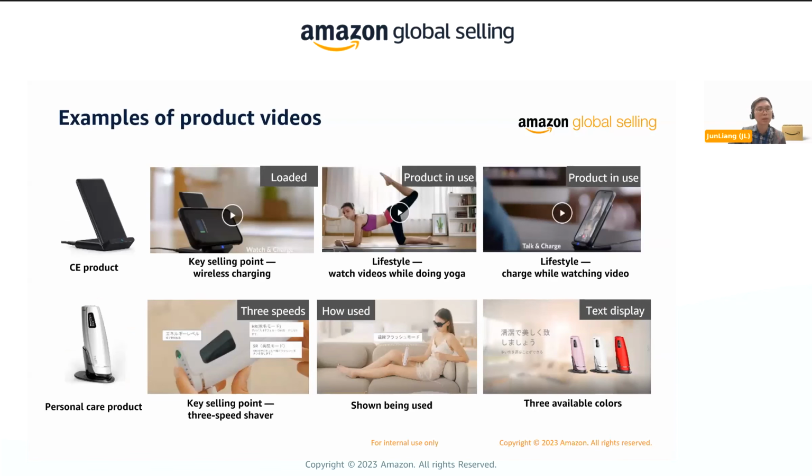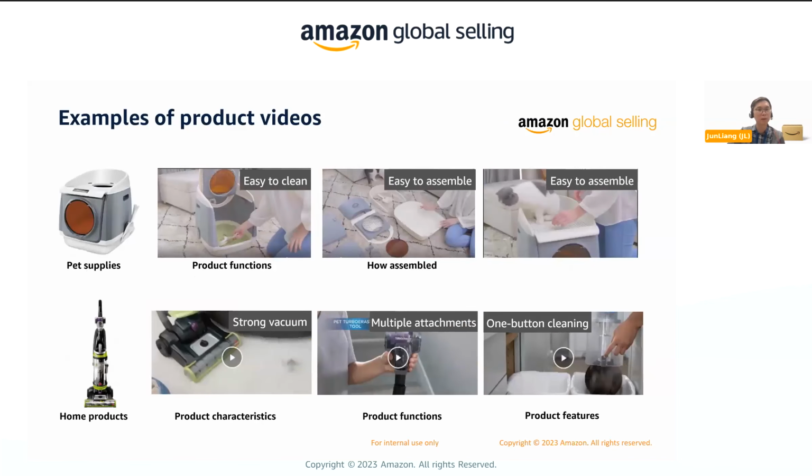For consumer electronics, there will be things like showing the lifestyle, how the product is used on a day-to-day basis, what the key selling point is, and how it looks when it's being used. For pet supplies, the video may consist of the features of the product, how to assemble or clean it, and how it is used with your pet.